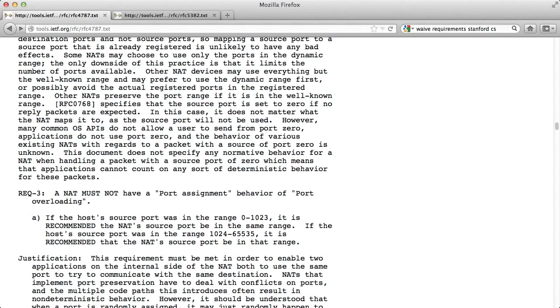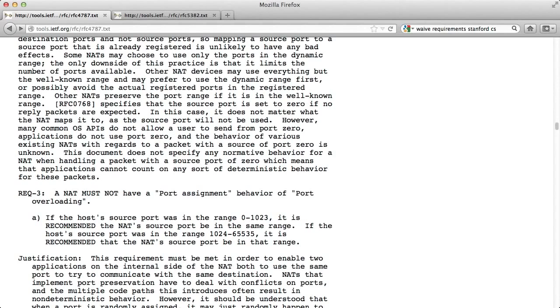It turns out historically, ports 0 to 1023 were considered system services. These were ports which only administrators or super users could bind to, basically root on Unix systems. That's why you see things like HTTP and SMTP running on these low port numbers, as opposed to lots of application stuff like BitTorrent or Skype, which run on high port numbers.